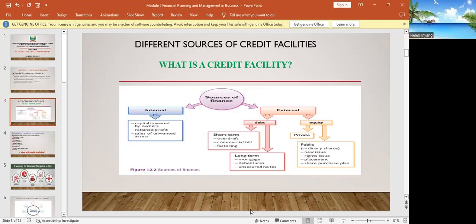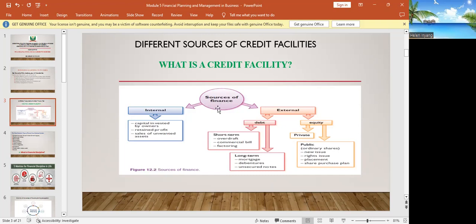Now we are looking at the different sources of credit facility. Credit facility can be classified into short-term, medium-term, and long-term facilities. It can also be classified under external and internal. You can source it from external, you can source it from internal.